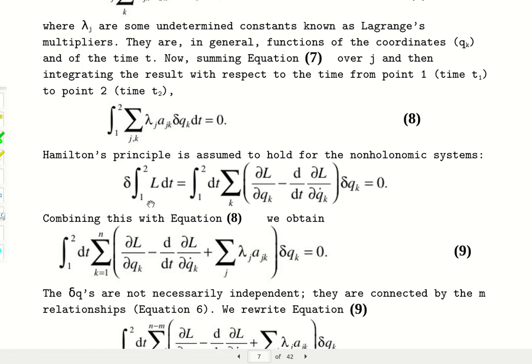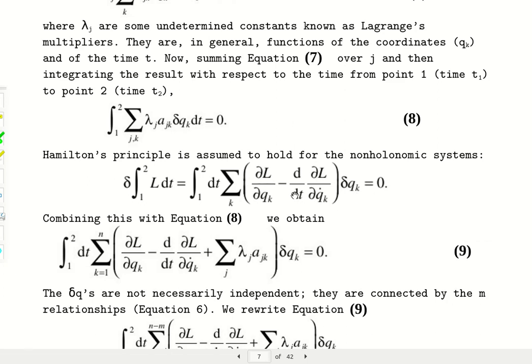Now we have, from our previous knowledge, Hamilton's principle. Delta of the integral of L dt is equal to 0. So from here we can find the sum of del L del qk minus d/dt of del L del qk dot, into delta qk, is equal to 0.